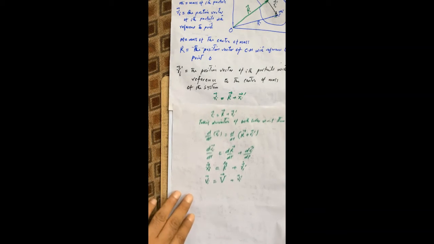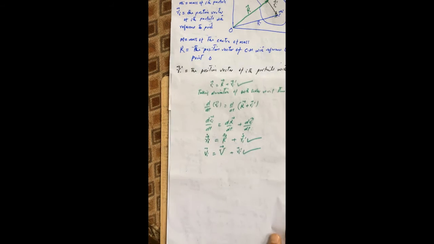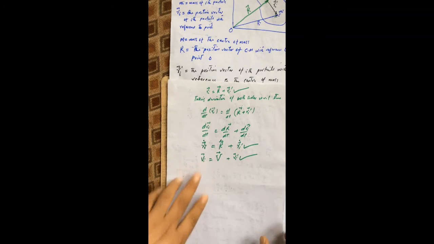Now we have three equations, so I will rewrite them again. One equation is this one, the other is this one, and the third is this one. Now what is Vi?